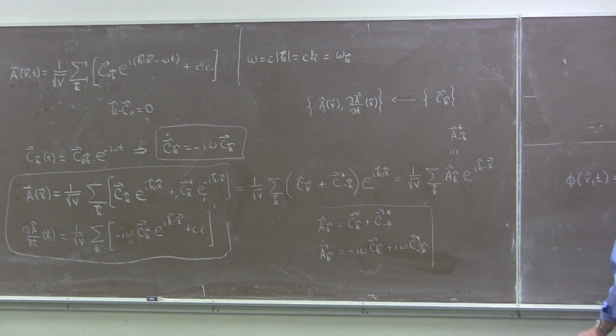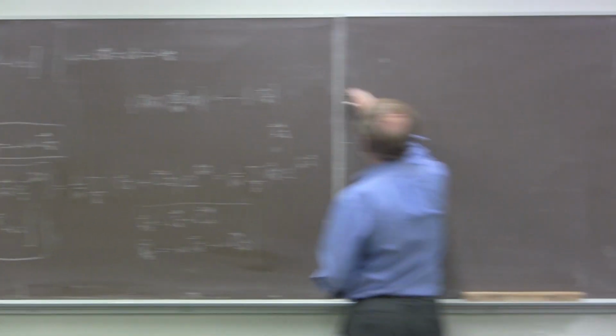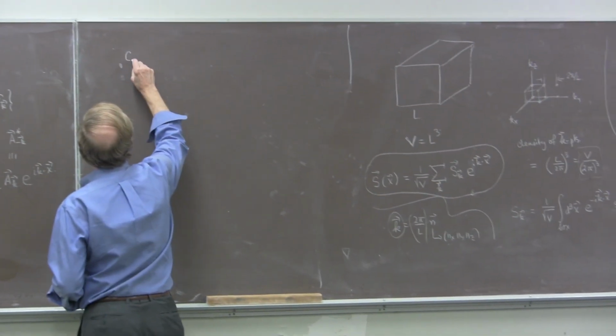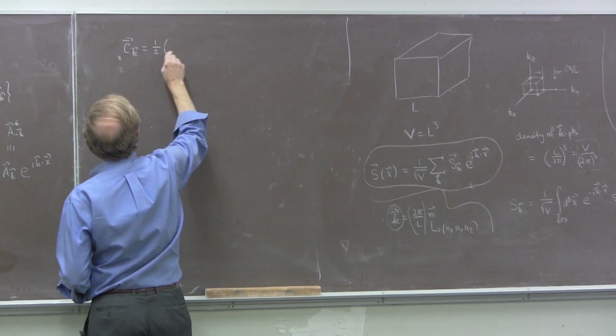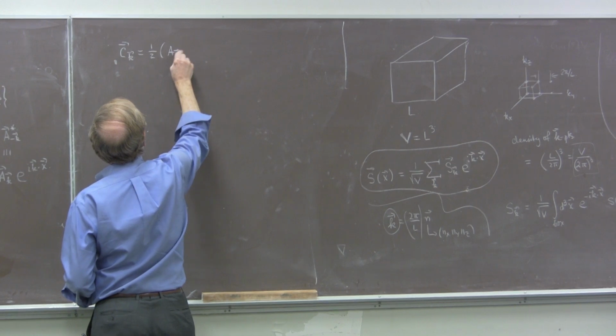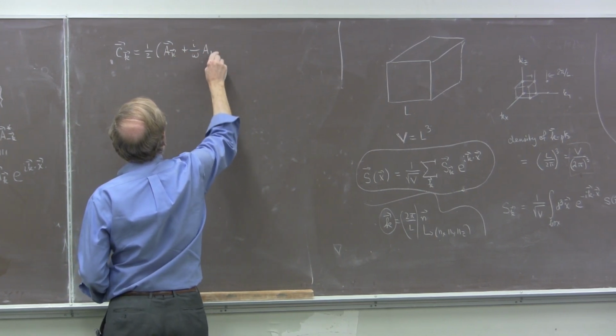If we do it, we obtain expressions for the C's in terms of the A's, and it looks like this. C sub K is equal to 1/2 of A sub K plus i over omega A sub K dot.